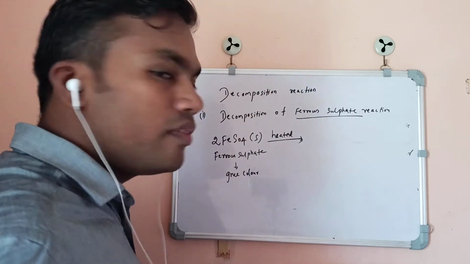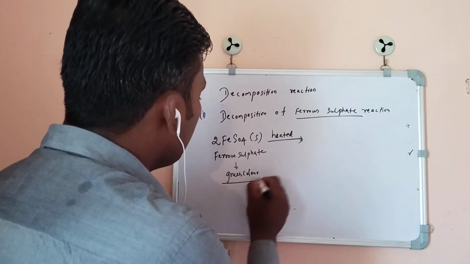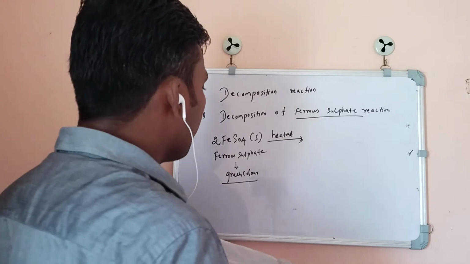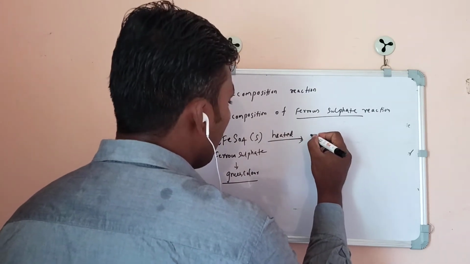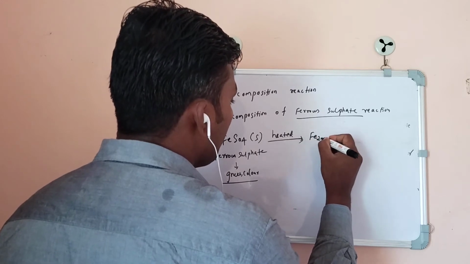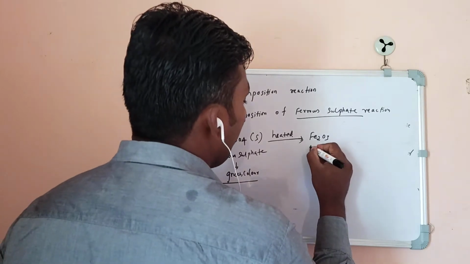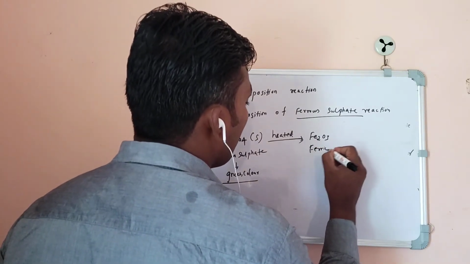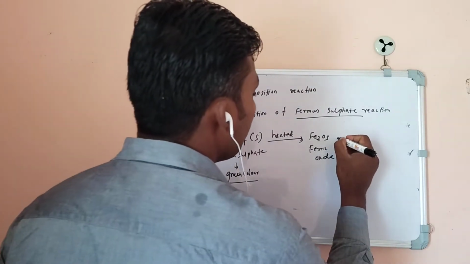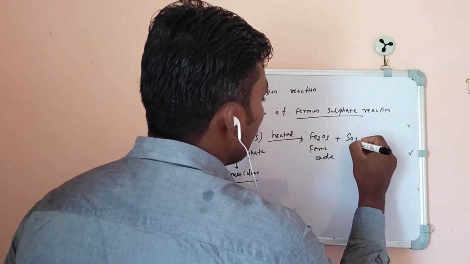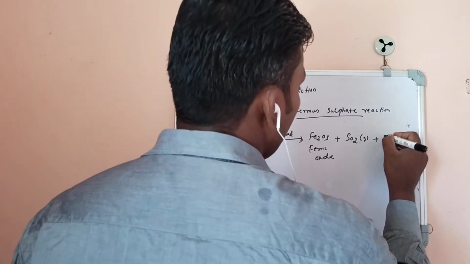If you observe very carefully, you must observe these changes in the test tube. Then what are the products formed during this reaction? One is Fe2O3, ferric oxide, plus SO2 gas plus SO3.